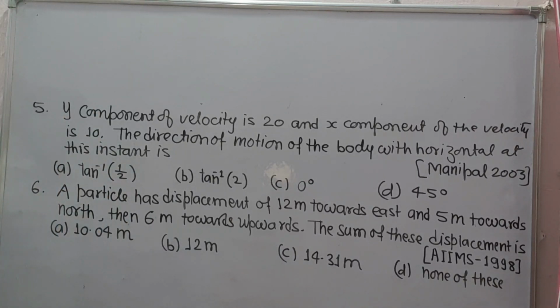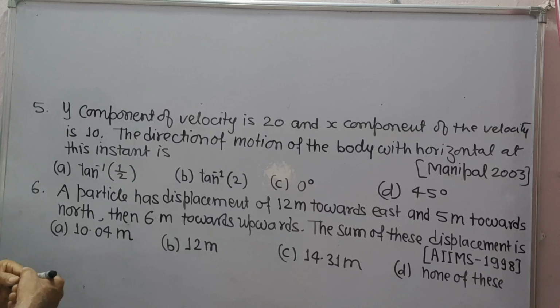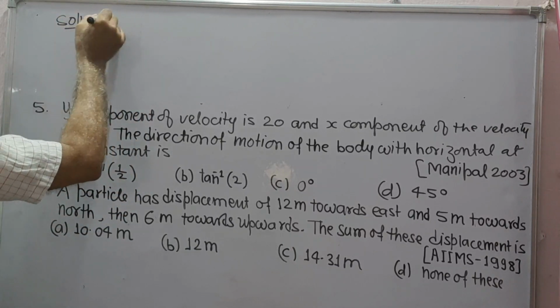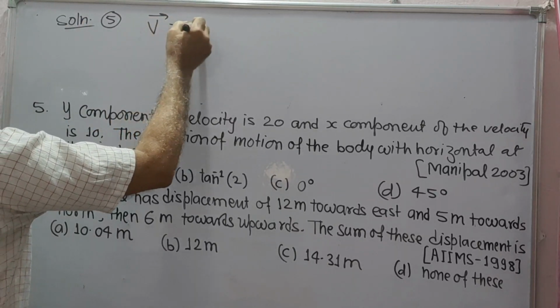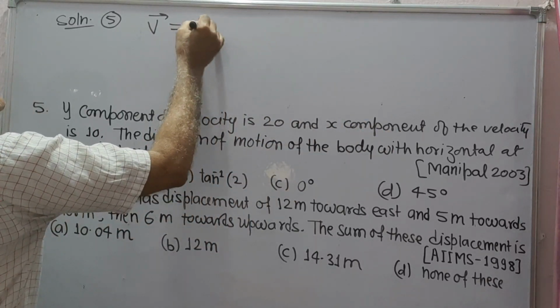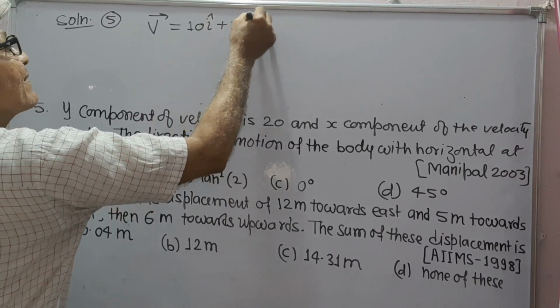Next question number 5. Y component of velocity is 20 and x component of velocity is 10. The direction of motion of the body with horizontal at this instant is. Solution to question 5. Here v is given, x component is 10, so 10 i plus y component is 20 j.